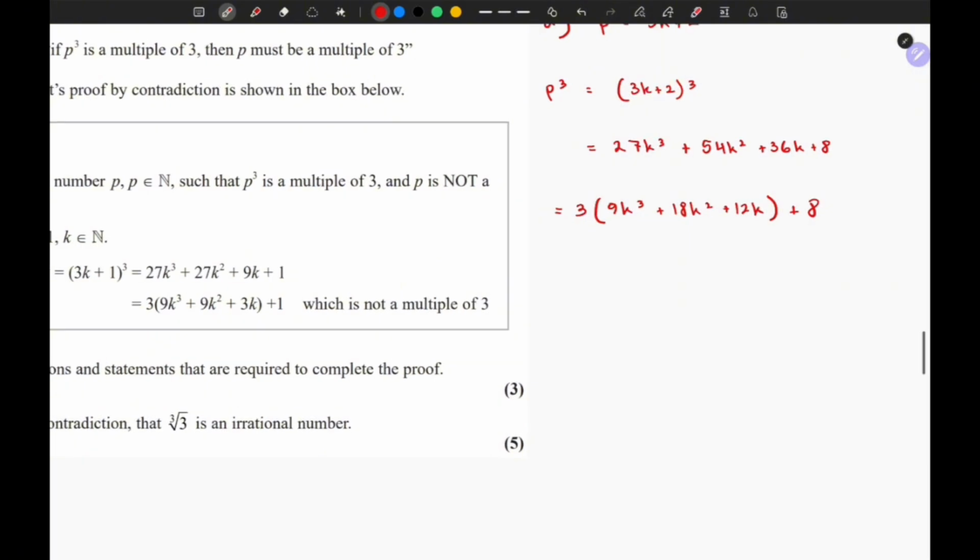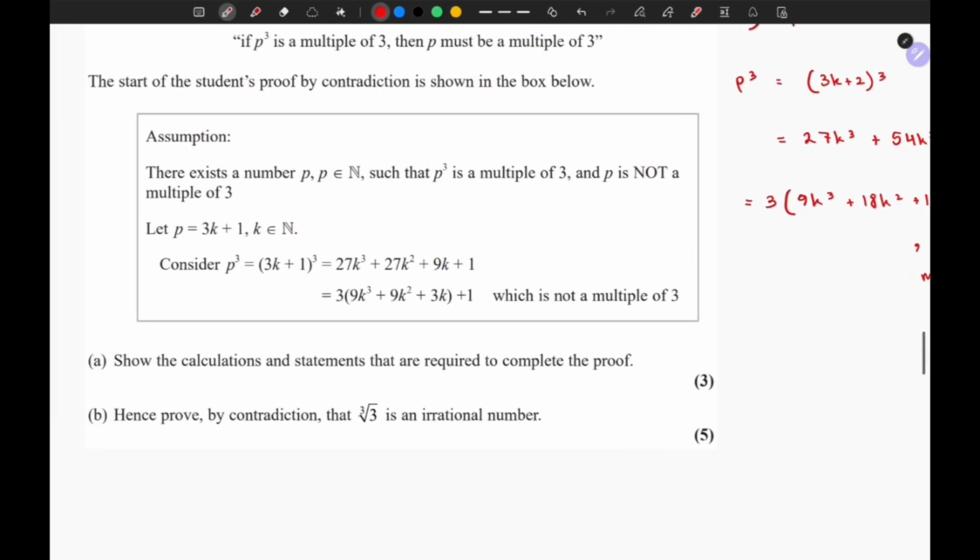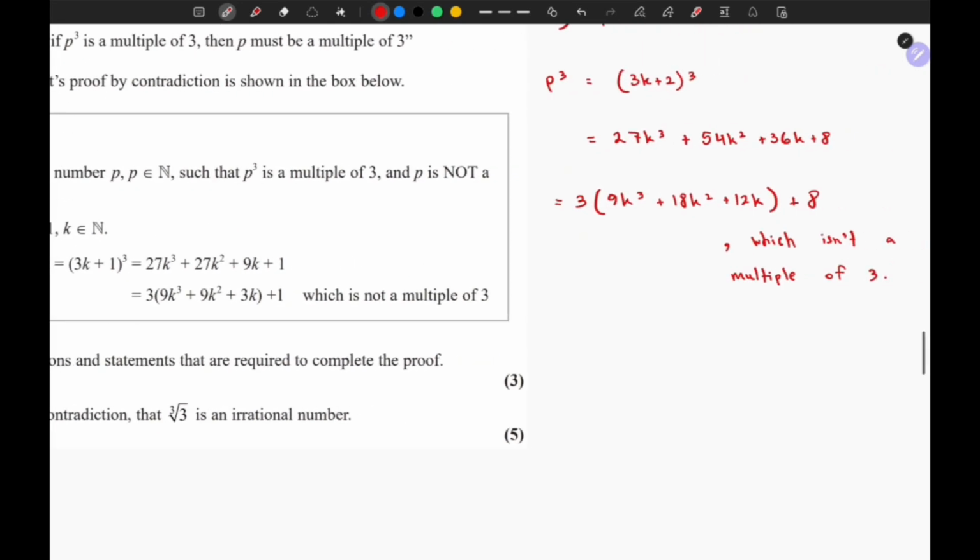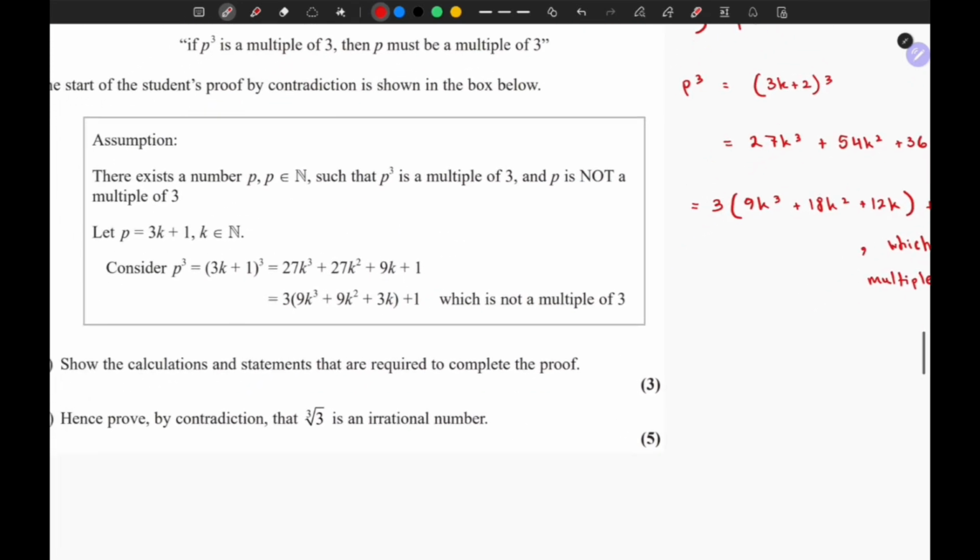Now you can say that this isn't a multiple of 3. So this contradicts our assumption. So this is the remaining part of the proof.